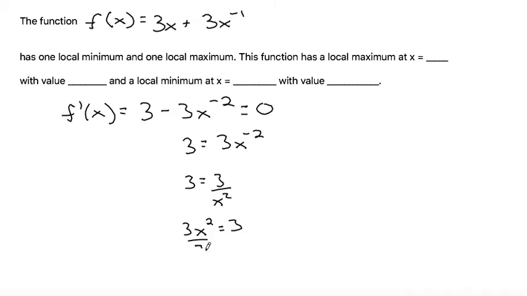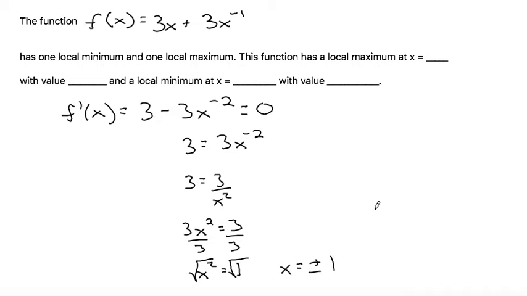Then divide both sides by 3, and we get x squared is equal to 1. Take the square root of both sides, and that gives us x is equal to plus or minus 1. So our two critical points are positive and negative 1.